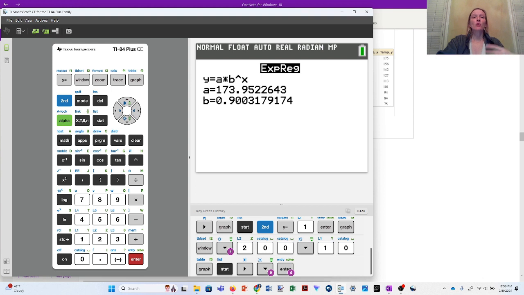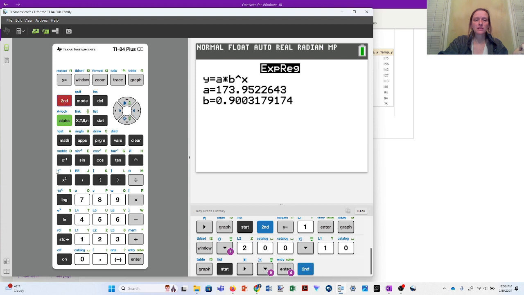So you can see here we're given an A value, we're given a B value to plug in to write our exponential equation. If you are asked for it in a question, I didn't see any questions like this in the textbook. There is a way to get this to give you R values for your regression. And to do that, you have to go to your catalog.